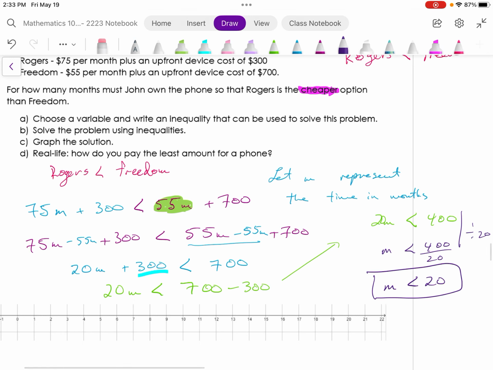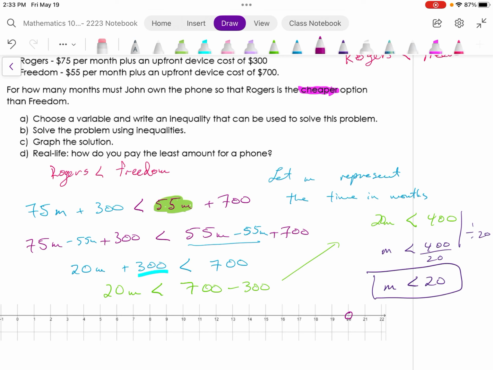So here's my number line. Now, this is a real-life scenario in which you have two competing phone companies. They offer different plans that are remarkably similar, and you need to decipher which one's better.